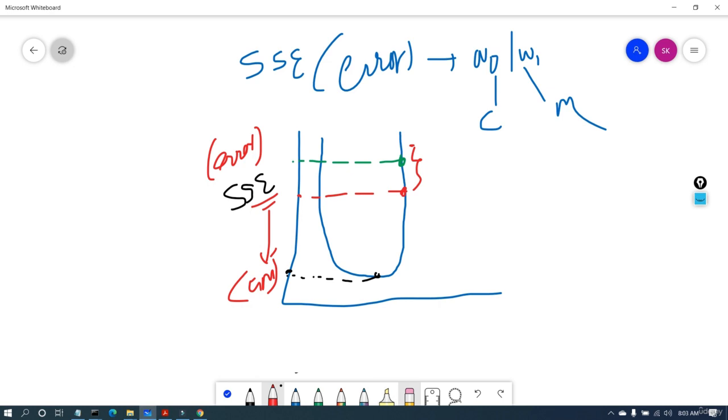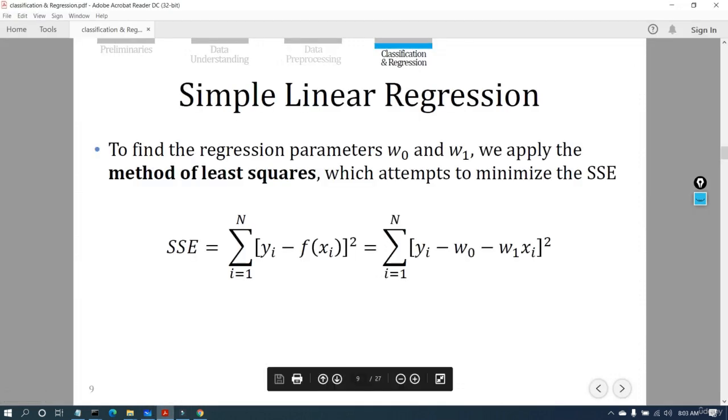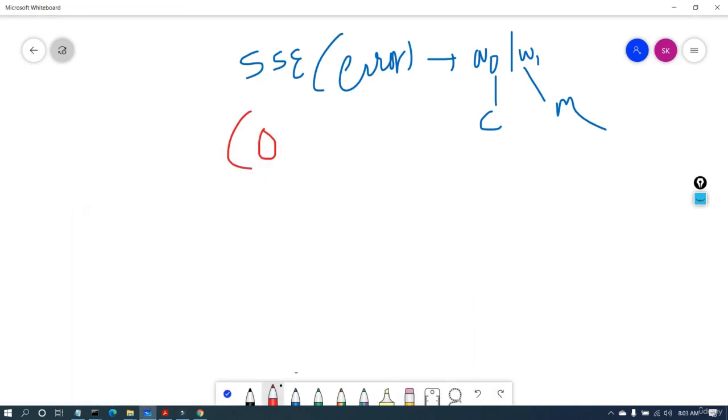In order to find this global minimum, we need to know one concept, which is the partial derivative concept. I'm just going to give you some idea here. I'm not going to write any fancy terms like yi, omega naught and omega 1, although we will need them in a moment, but let's get a good concept first and then go to that equation.